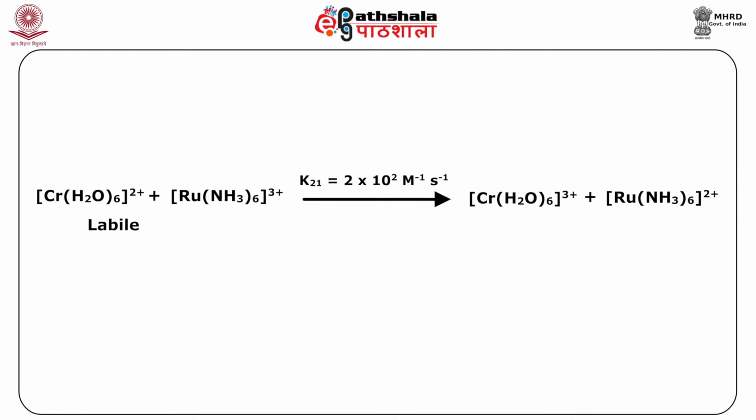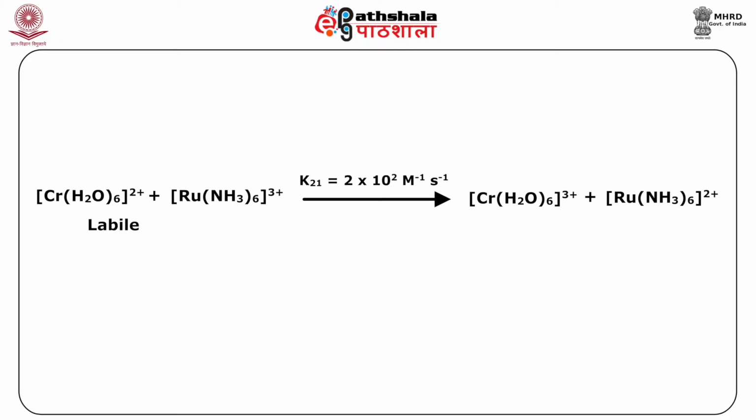So in this case, one part is the chromium hexaaqua complex, another is the ruthenium hexaammine complex. There is no bridging ligand, nothing like that. So both cases are different from the outer and from the inner. In the outer sphere, both complexes have the same metal and almost the same ligand.